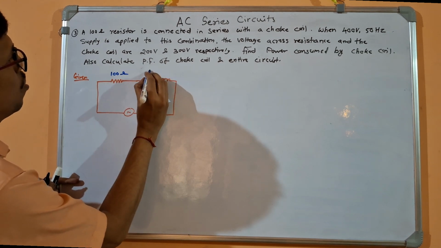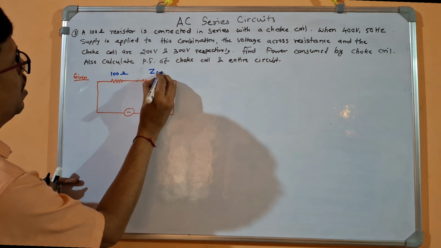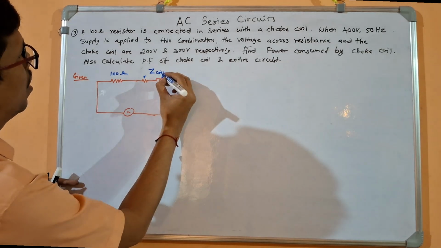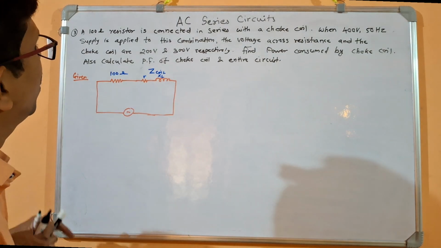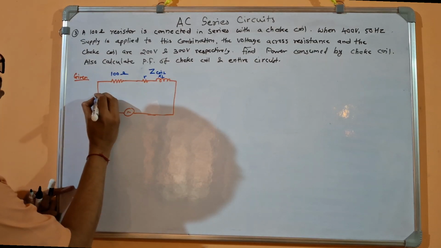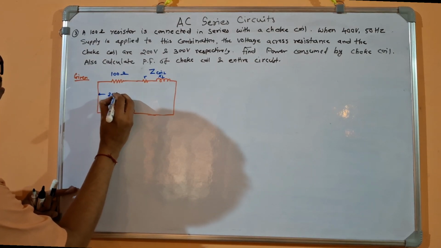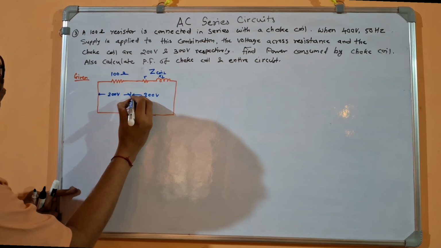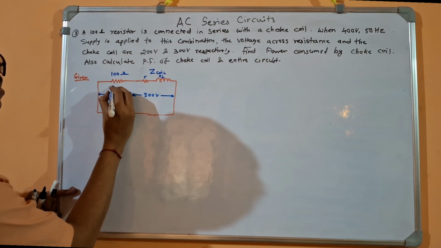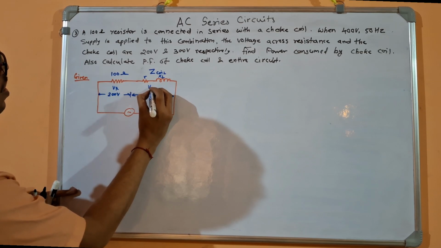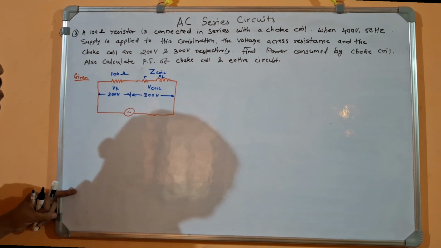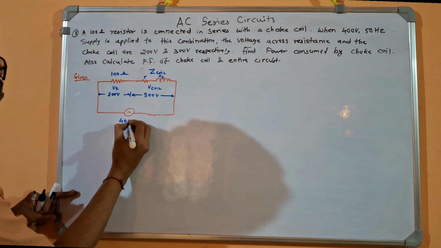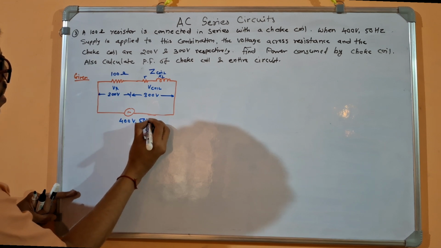This I don't know the value, so this is Z coil I will write, which includes R and L, or R and XL. The voltages are given as 200 volt and 300 volt respectively across the resistance and V coil, and the total supply voltage is 400 volt, 50 hertz.